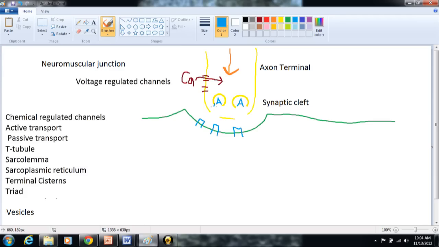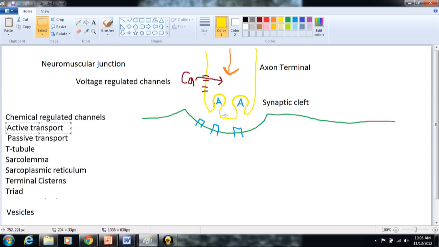So exocytosis is basically the blending of the plasma membranes, and then whatever is inside is released. This requires ATP, so it is active transport. Exocytosis is active transport.